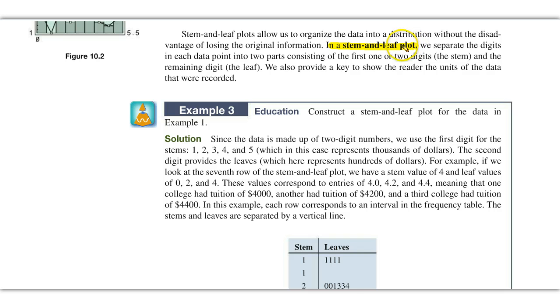Now, being a former biology teacher, I said, oh, this is going to be right up my line. But no, we're not dealing with leaves and stems of plants. It's just a way to organize data.